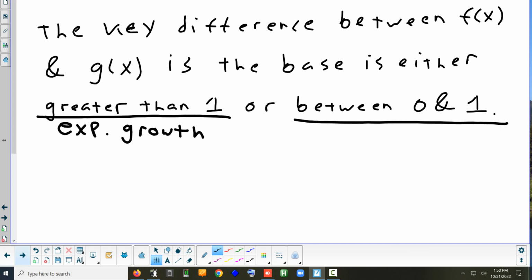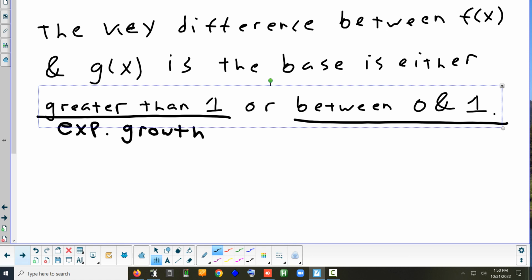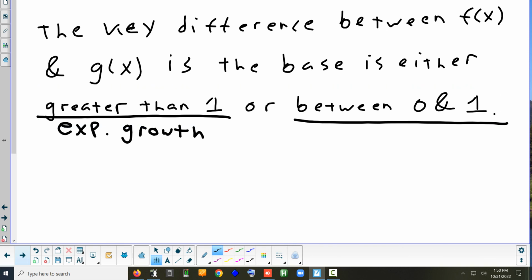Any number between 0 and 1, 0.5, 0.2, 1/3, that's not going to be exponential growth. That graph is going to decrease. Does anybody remember what I called it? It was the red one. That was the mirror image. That's called decay. Growth is about something increasing. Decay is about something decreasing.